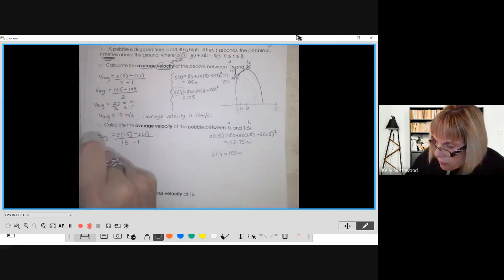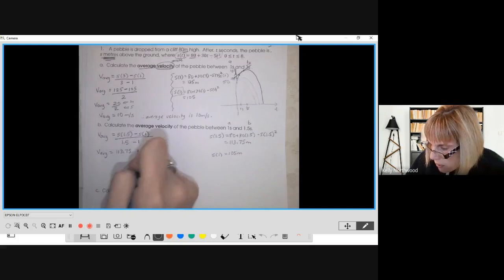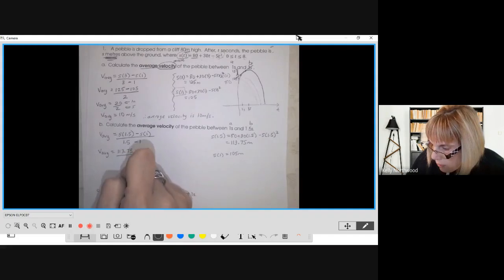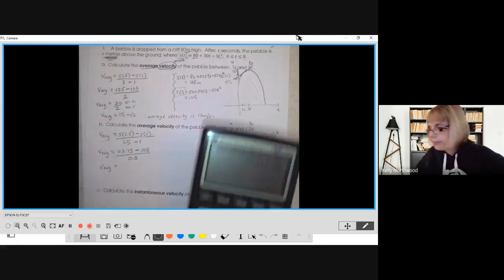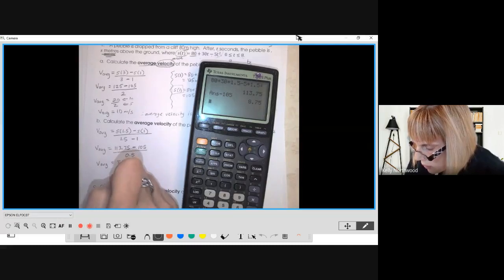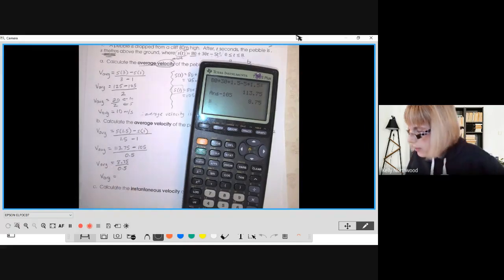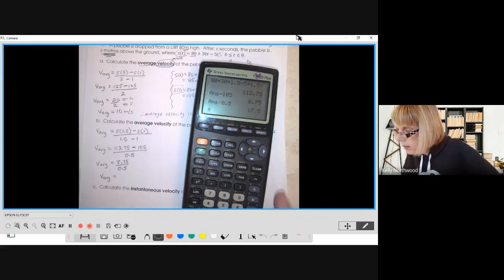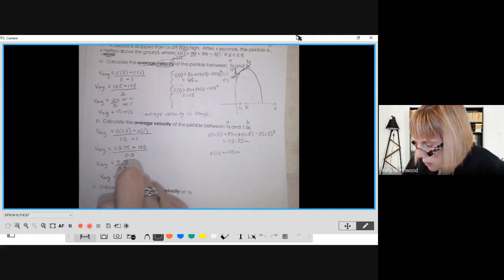So then I can put these into my formula. So the average velocity is going to be 113.75 minus 105 over 0.5, which is 8.75 divided by 0.5, which is 17.5 meters per second.